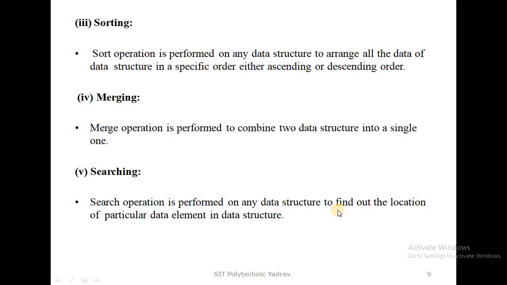When we want to find any data in a data structure, we use the searching operation. For example, if we store 10 elements in a data structure and want to find the element at the 7th position, we use the search operation to obtain the element at that particular position. It means we find the element.